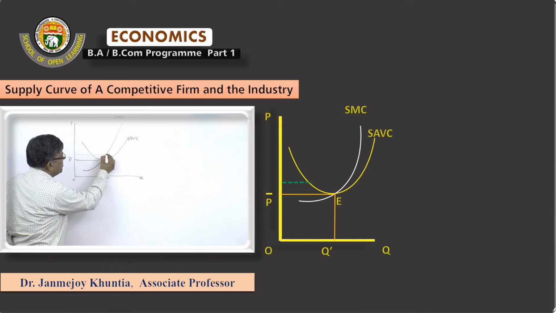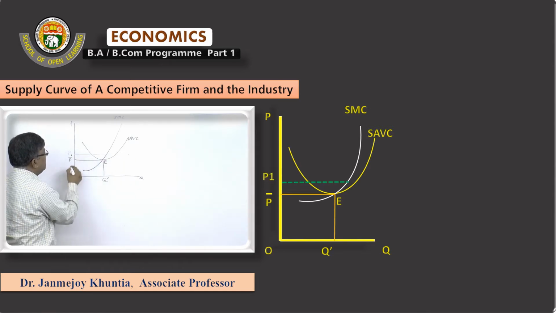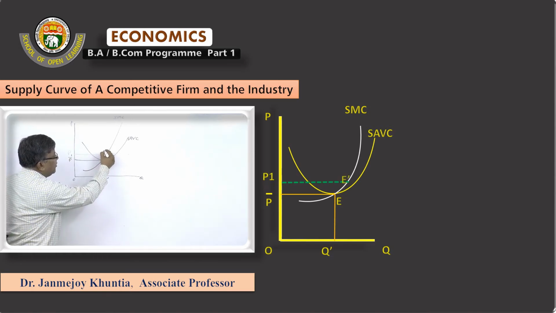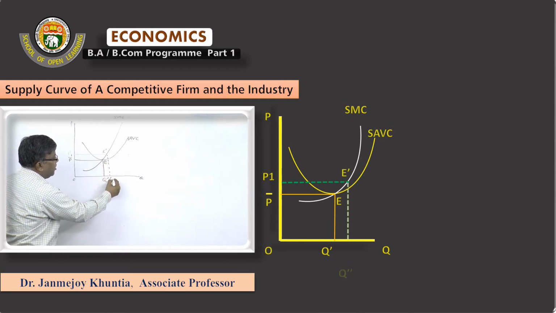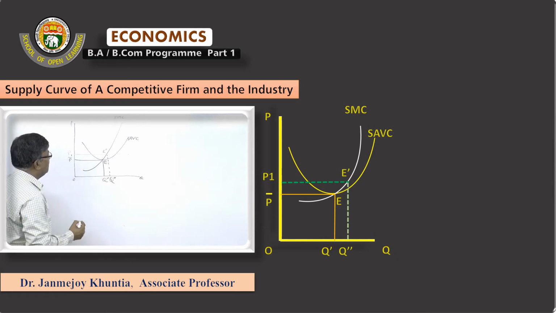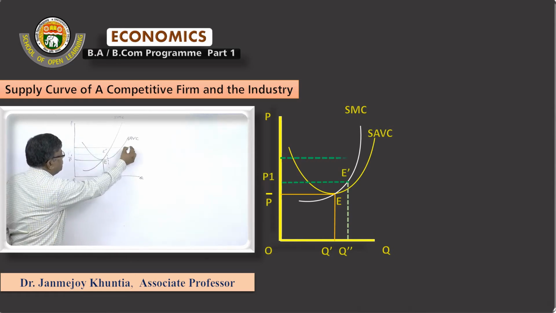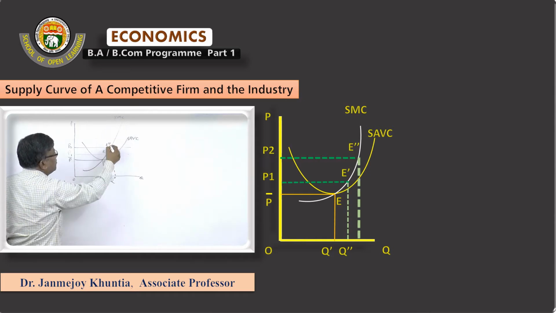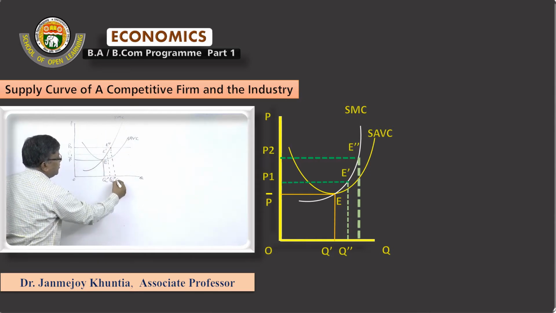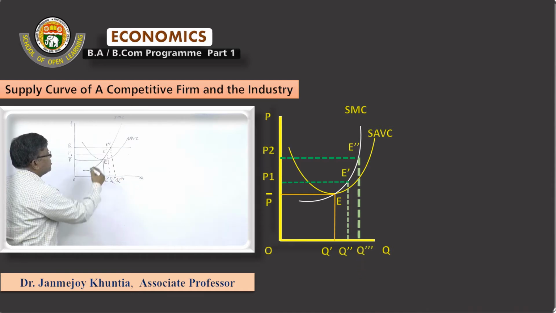If I increase the price to another level, say P1, then as per the condition of equilibrium, point E dash is the equilibrium point where output Q double dash will be supplied. If the price further increases to P2, then the equilibrium point is E double dash, which is equal to the marginal cost, and the firm supplies Q triple dash, and so on.